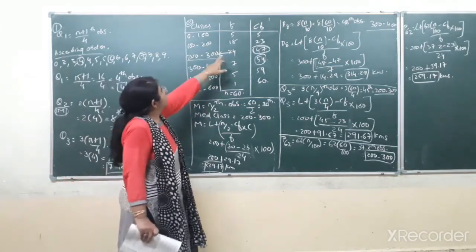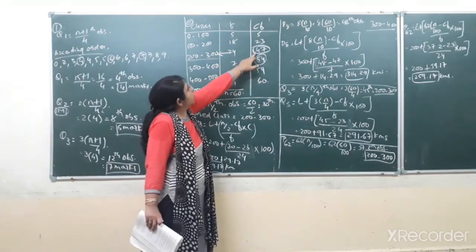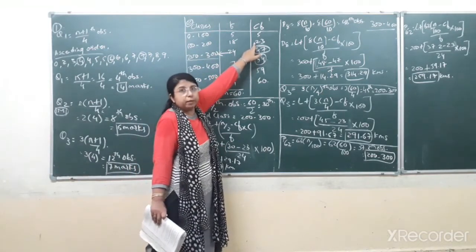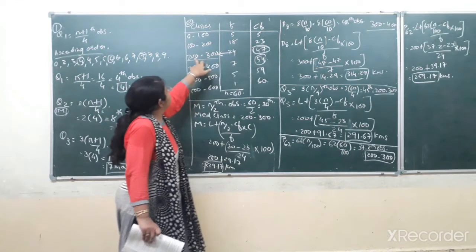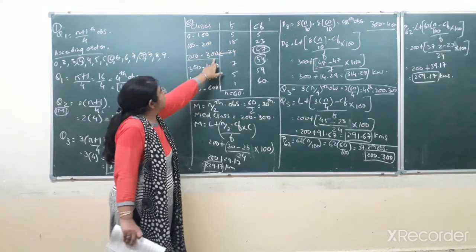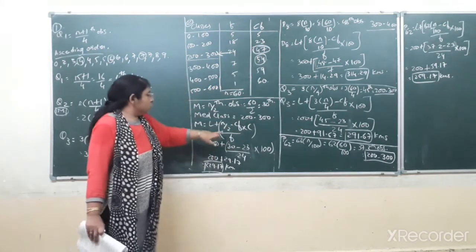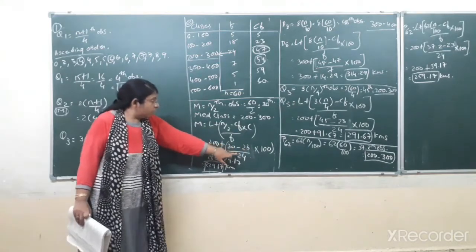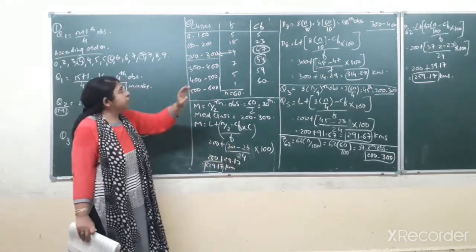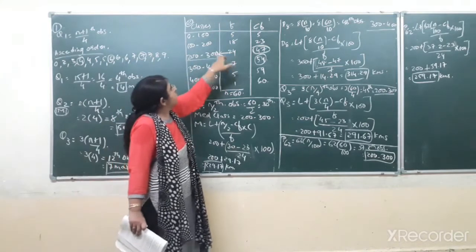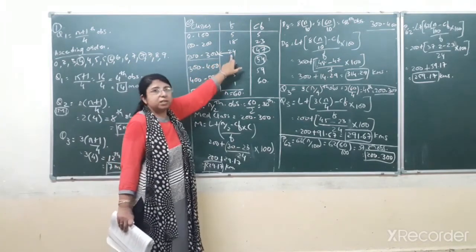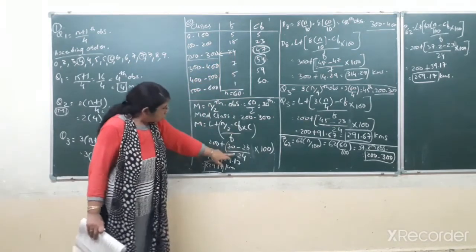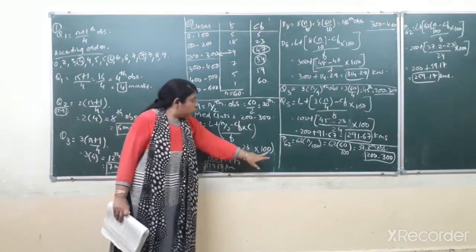Our median class is 200 to 300, and the CF prior to that class is 23. So 30 minus 23 upon F. F means frequency of the same class, 200 to 300, and that frequency is 24. So divided by 24 into 100.